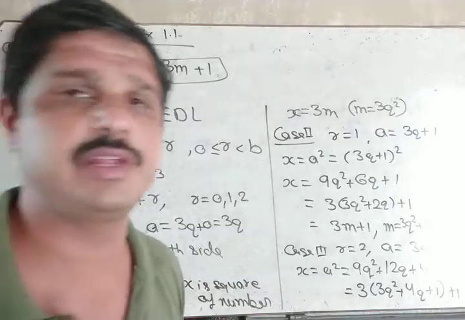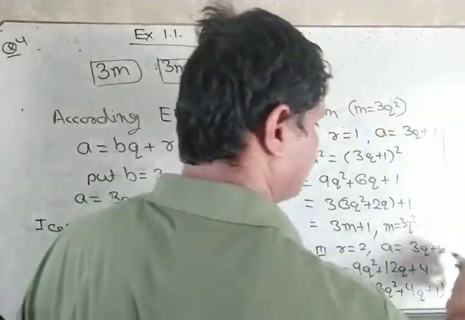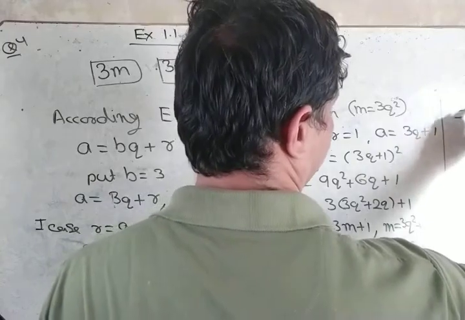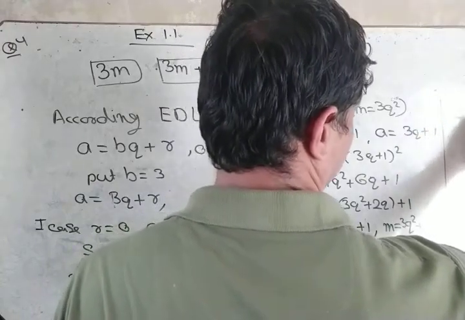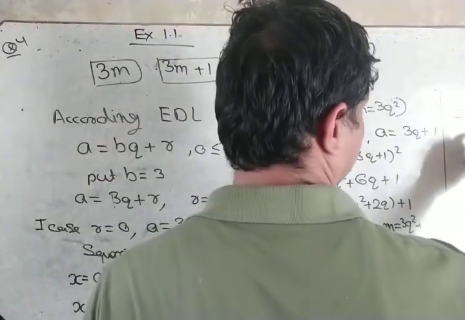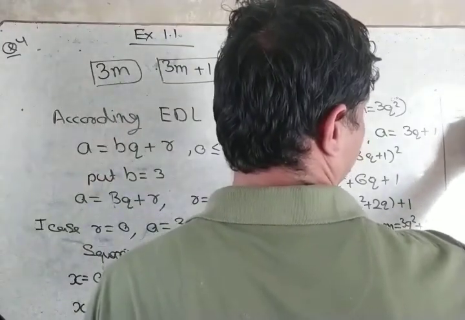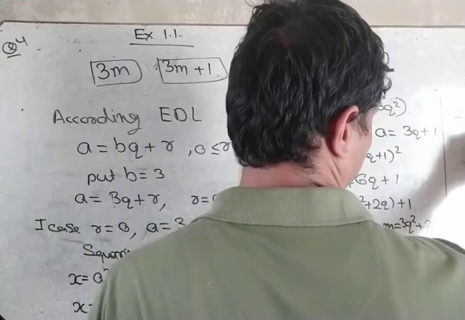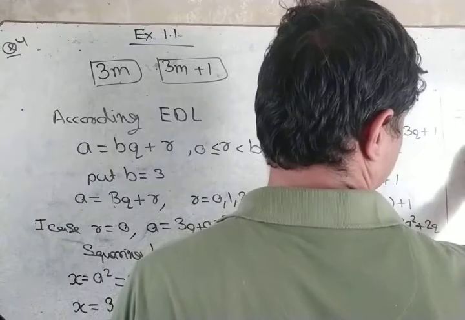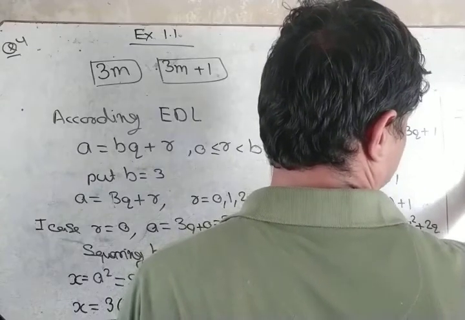We get 3m plus 1, where m equals 3q square plus 4q plus 1.